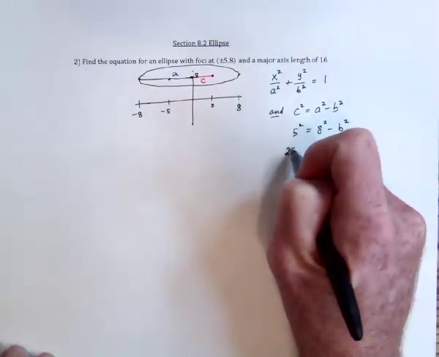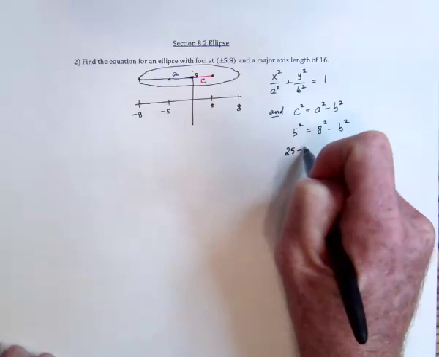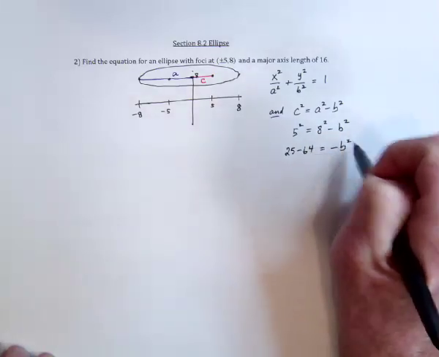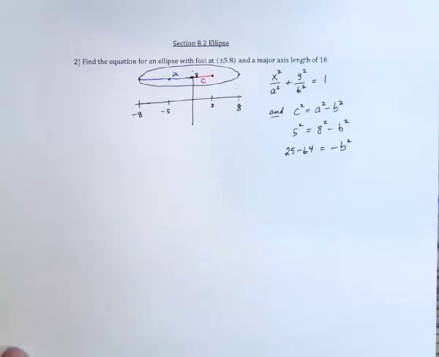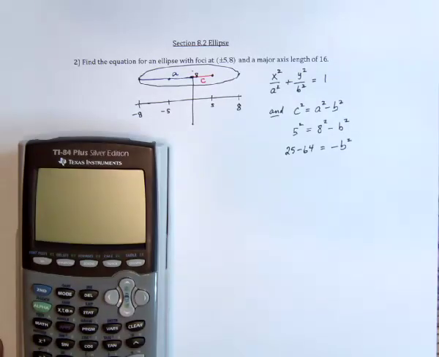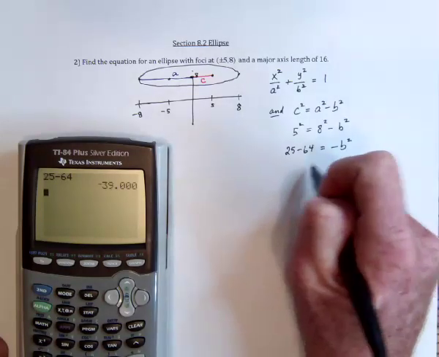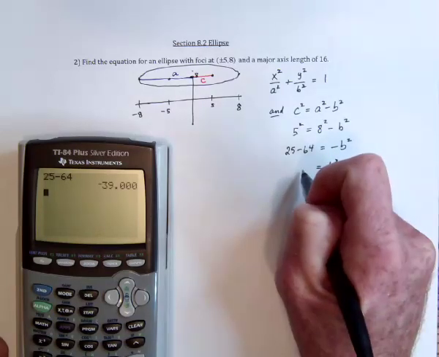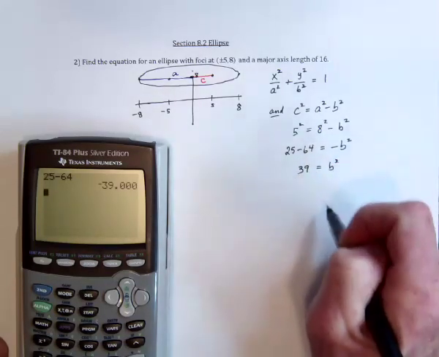So it's going to be 25 and then subtract 64. So 25 subtract 64 is negative 39, but then this one's negative, so multiply both sides by negative 1, and we've got 39.